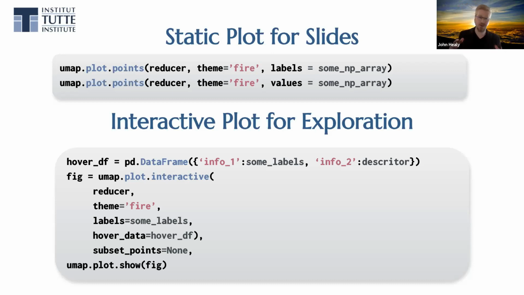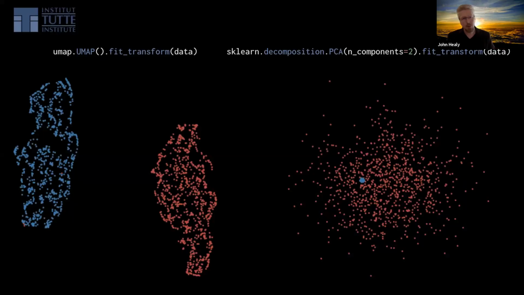The hover tool breaks for really large amounts of data, but we've added a subsampling option to subsample your points and just visualize those with some added mouseover hover data information. Either way, these functions can help you quickly construct nice visualizations like these ones we saw earlier.